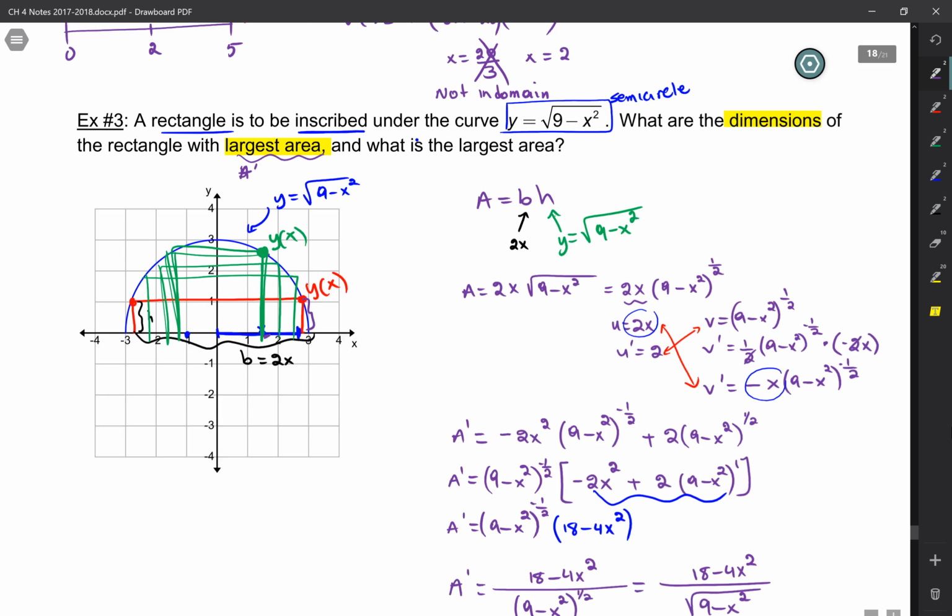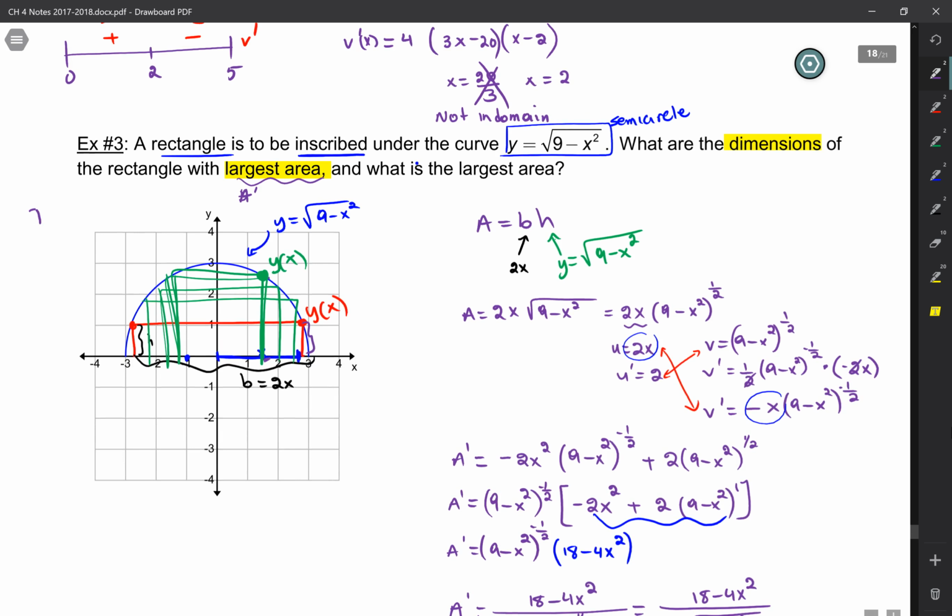But what is the domain of this problem? Exactly. It goes from 0 to 3. Now, can I have a rectangle that has an x of 3 though? No, I can't. So the domain is 0 to 3 open.